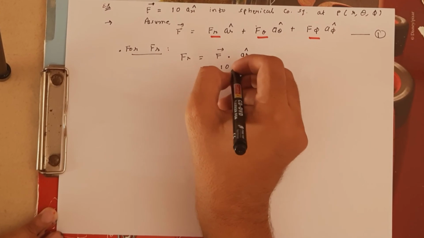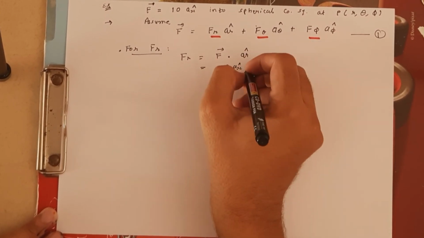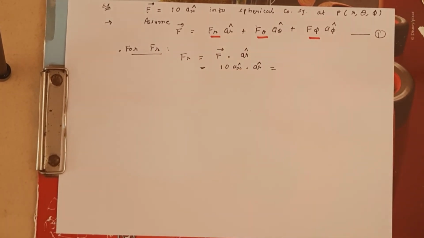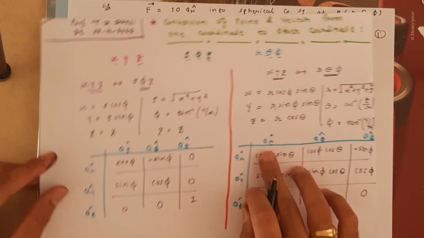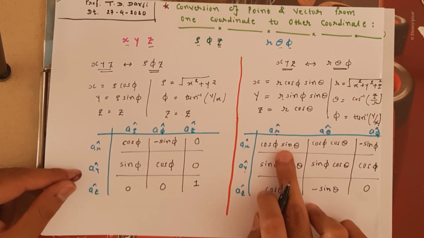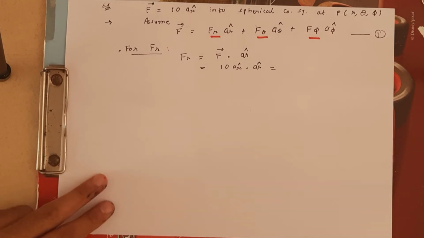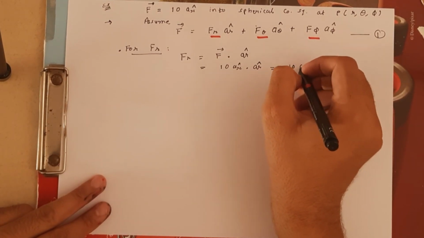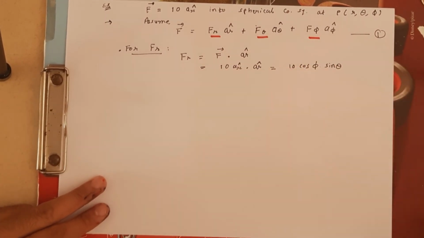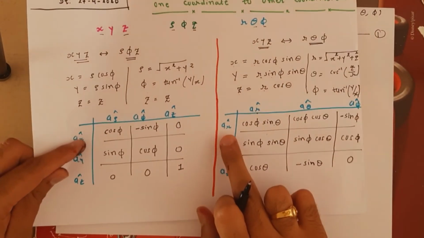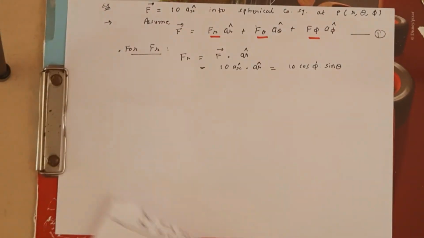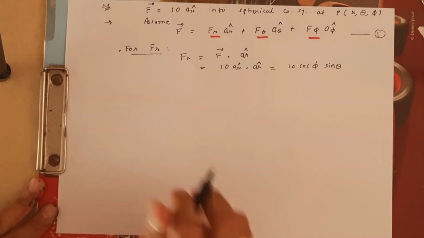F vector is given, which is 10 ax dot a_R. So a_x dot a_R is cos phi sin theta. Again, a_x dot a_R is equal to cos phi sin theta. Okay, so we have found the value of F_R.